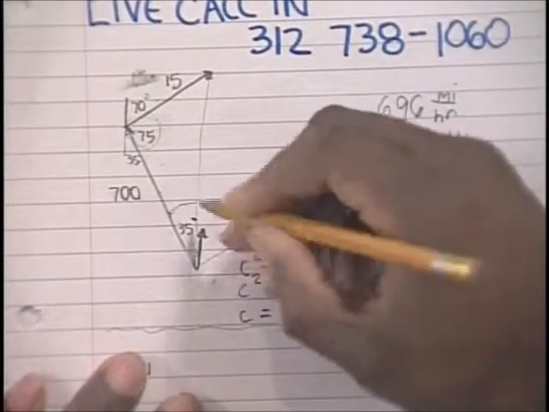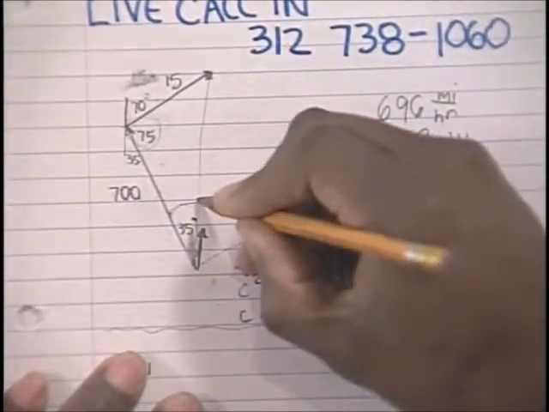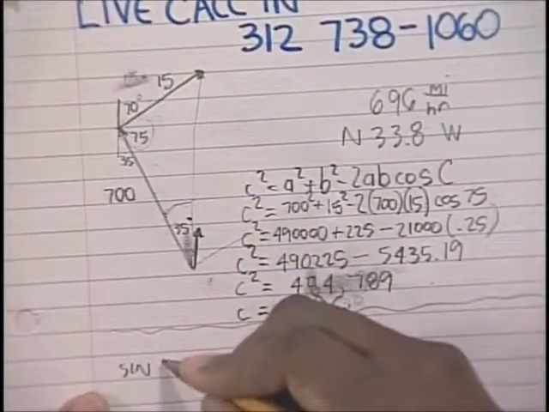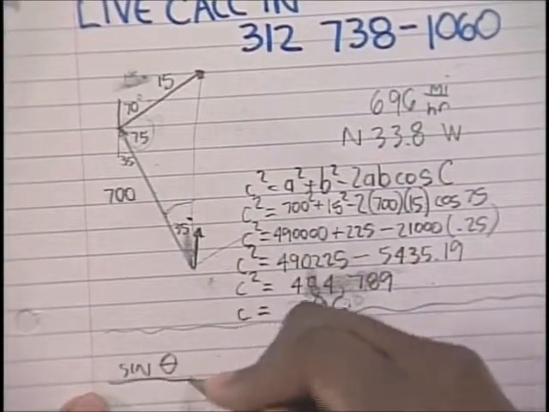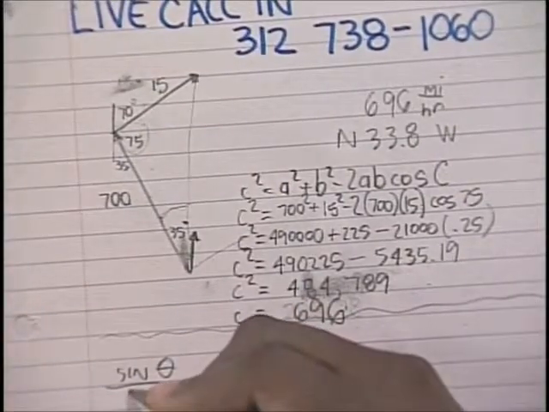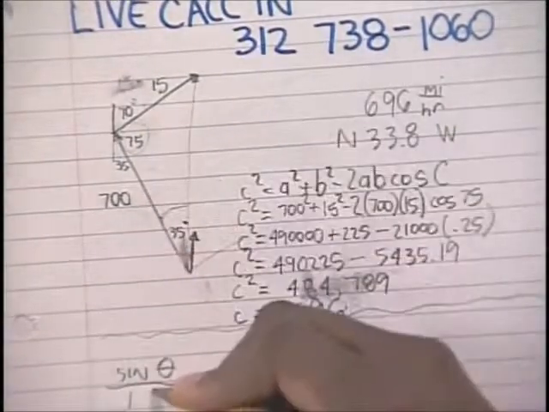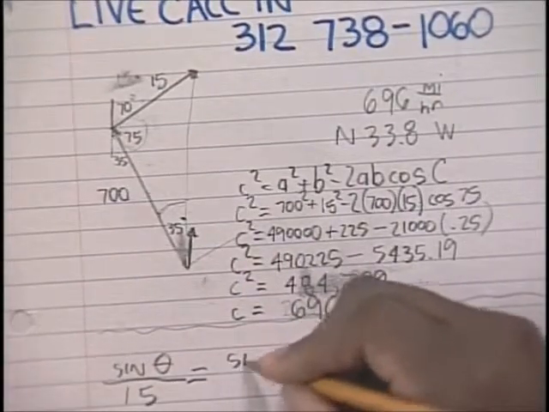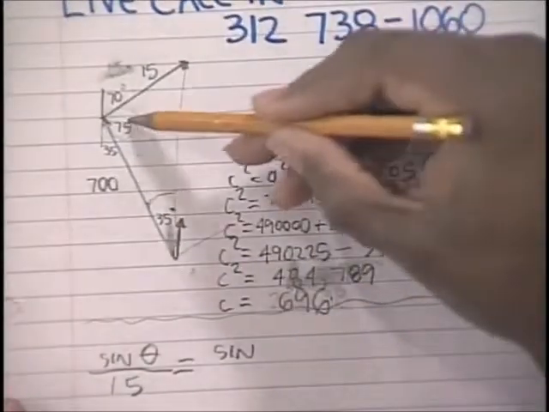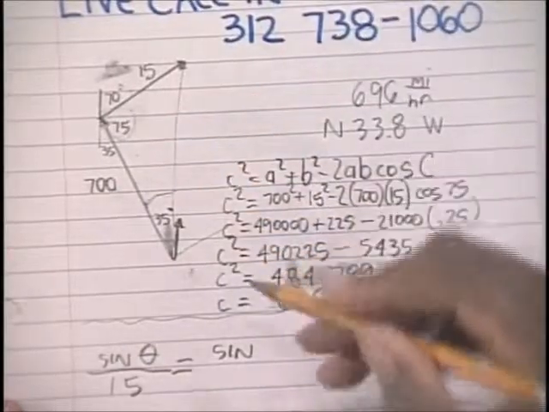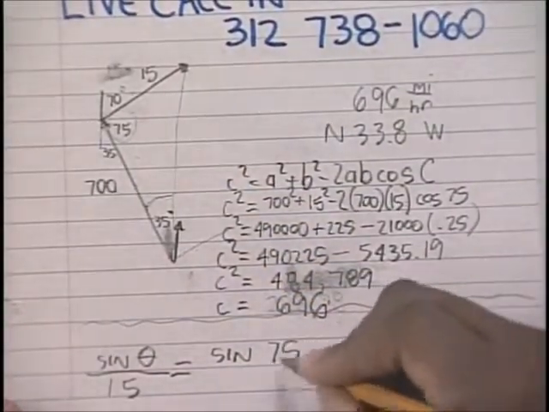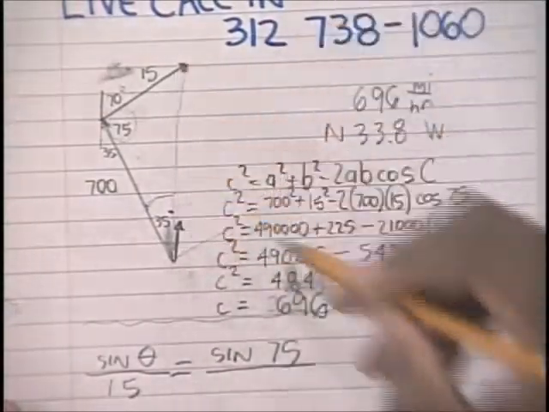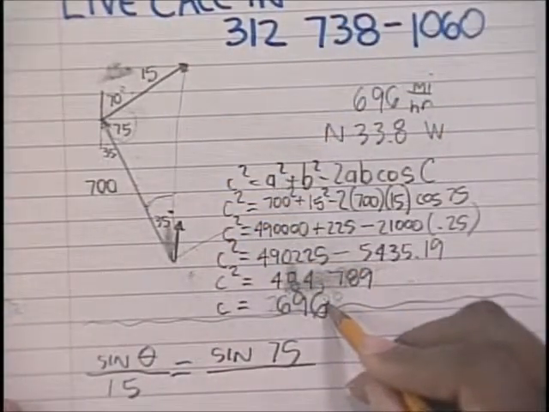But we want to know what this angle is, which is the resultant. So the sine of something we don't know over 15 is equal to the sine of 75 over this resultant, which we'd already found to be 696.